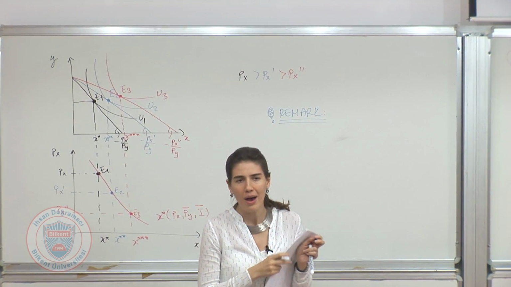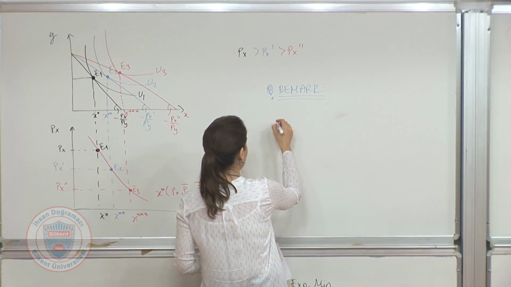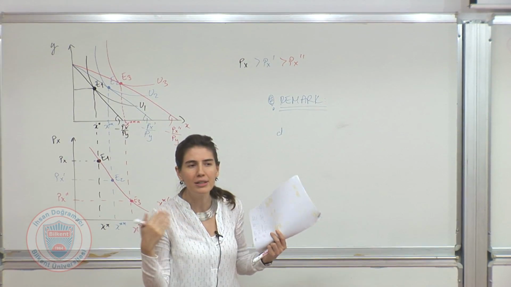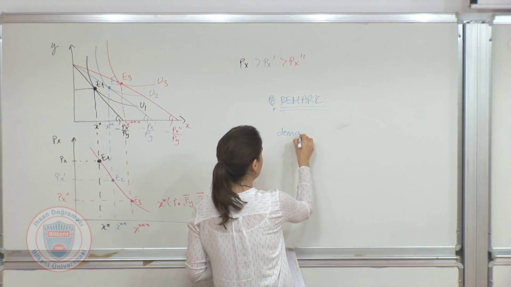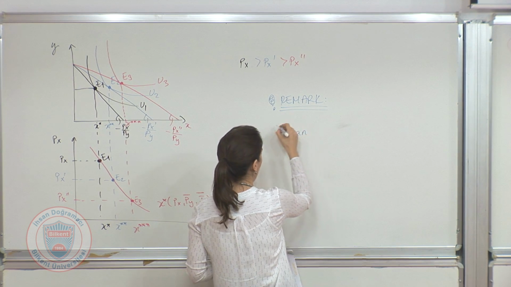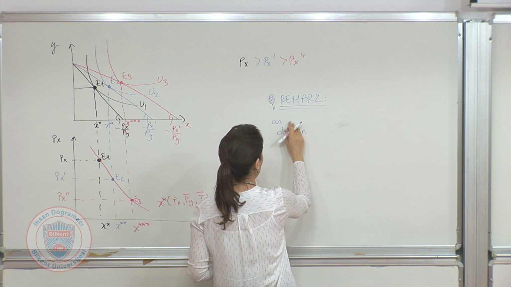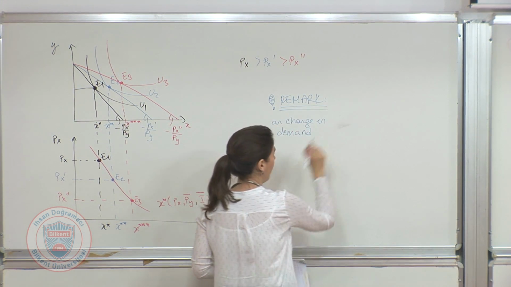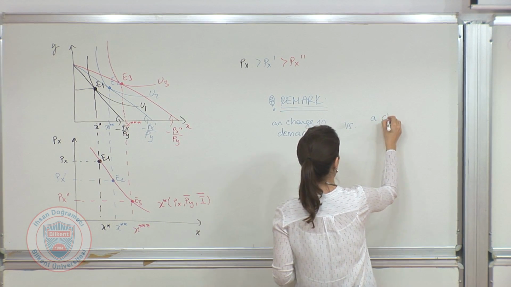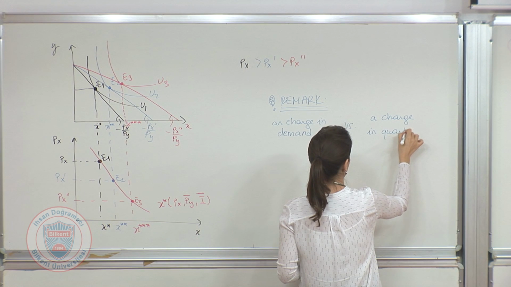So if you have taken Econ 101, then you would know this. This is the jargon that economists use: we distinguish between a change in demand versus a change in quantity demanded.